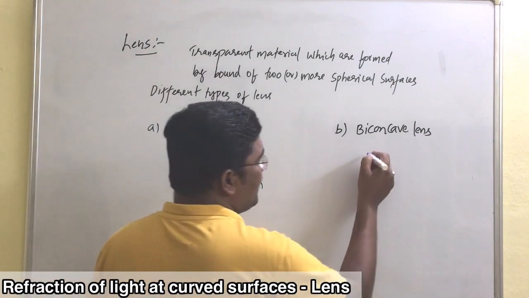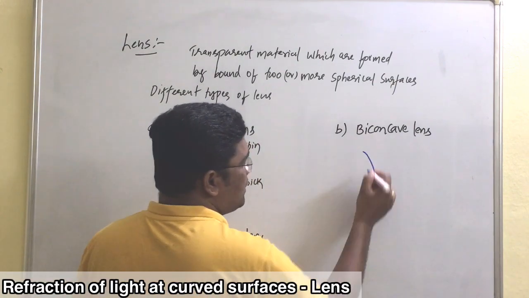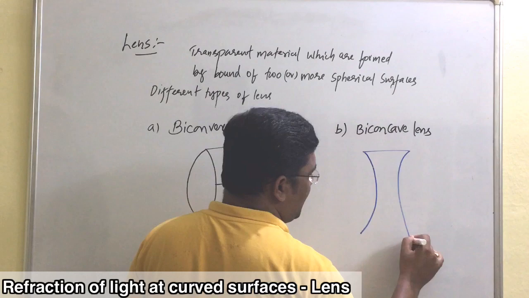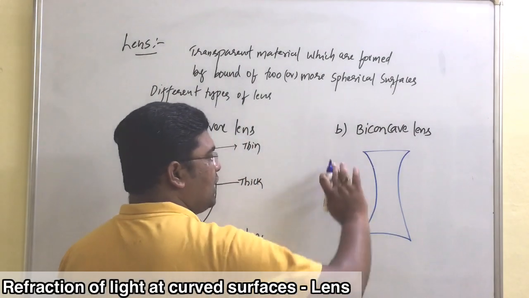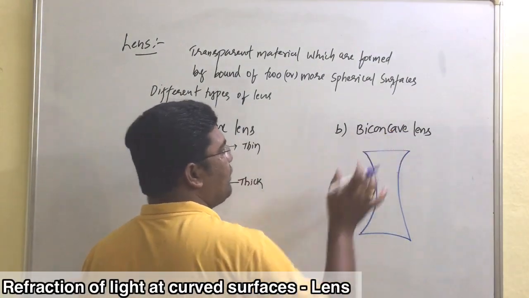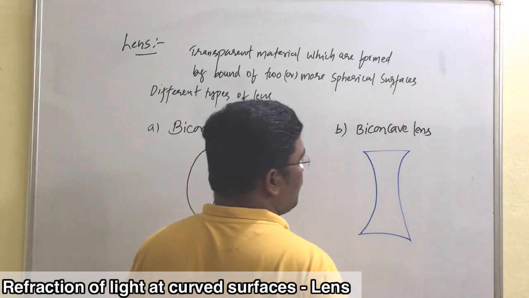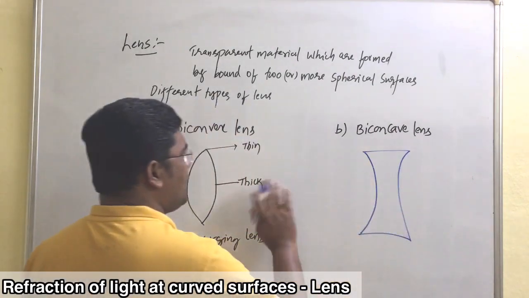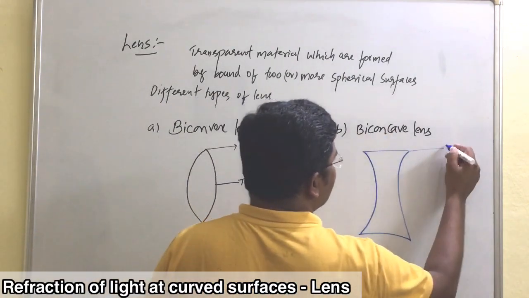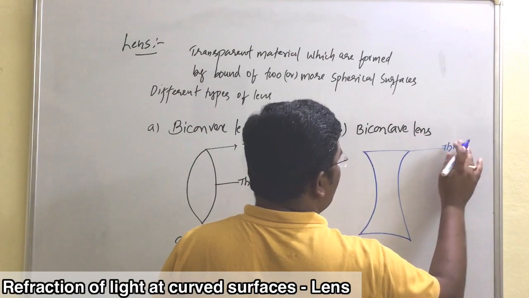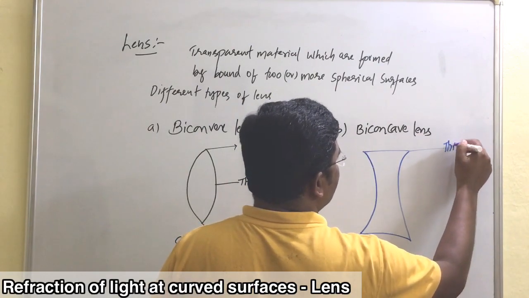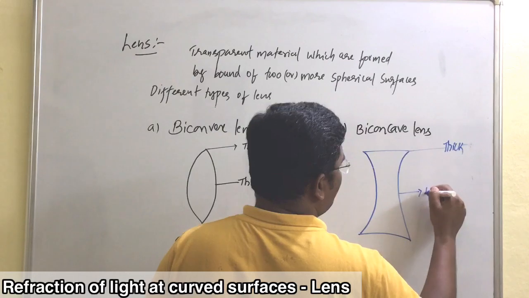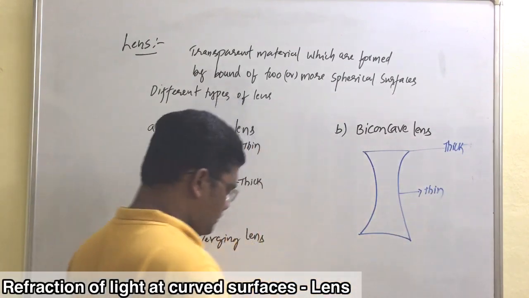The next type of lens is biconcave lens. The lens which is prepared by two spherical surfaces which are curved inwards. Such a lens we call biconcave lens. These are completely reversed. Biconcave lenses are thick at the edges, whereas they are thin in the middle.